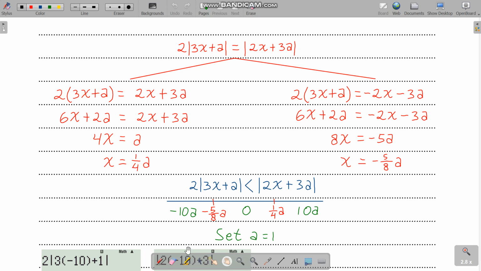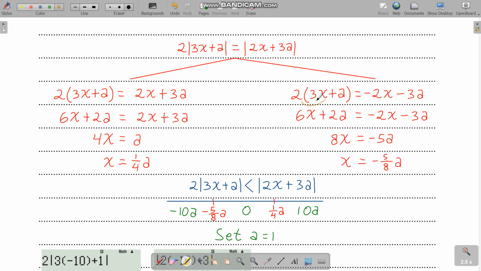For this kind of question, let's just keep the left side always positive, and for the right side we try when it's positive and when it's negative, and then we solve. From the 2 times we get this, and we subtract 2x from both sides, and we subtract 2a from both sides, we get this, and then we divide by 4, we get the first x value.